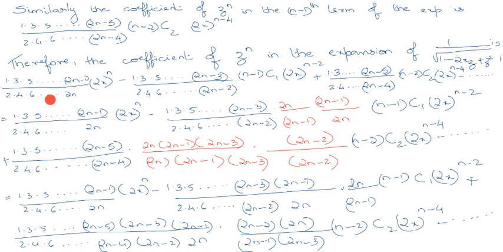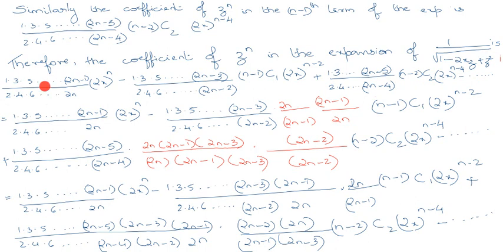The first is the coefficient which we obtain from the n plus 1th term, the second one is the coefficient which we obtain from the nth term, and the third one is the coefficient which we obtain from the n minus 1th term, etc. So that is 1 into 3 into 5 etc. to n minus 1 divided by 2 into 4 into 6 etc. to n into 2x raised to n, minus 1 into 3 into 5 etc. to n minus 3 divided by 2 into 4 into 6 etc. to n minus 2 n minus 1 c1 into 2x raised to n minus 2, plus 1 into 3 into etc. to n minus 5 divided by 2 into 4 into etc. to n minus 4 into n minus 2 C2 into 2x raised to n minus 4, minus etc.